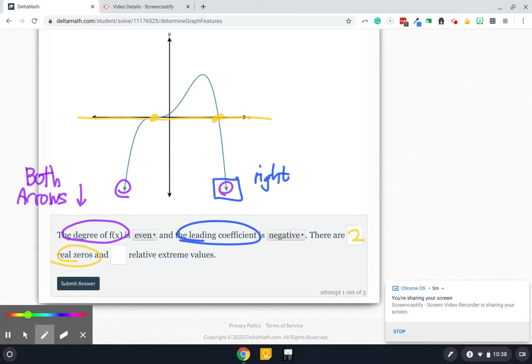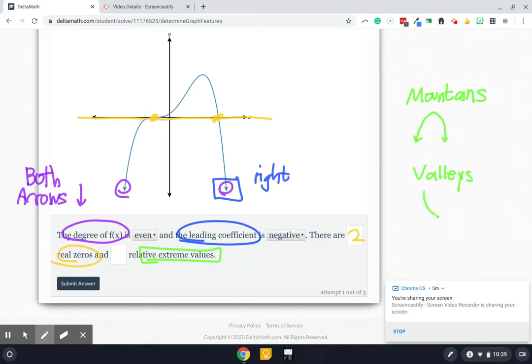And then, again, it says just extremes all together. So I'm looking for mountains, where the graph comes up and turns and goes back down. I'm looking for valleys, where it goes down, turns, comes back up. This would be max. This would be min.